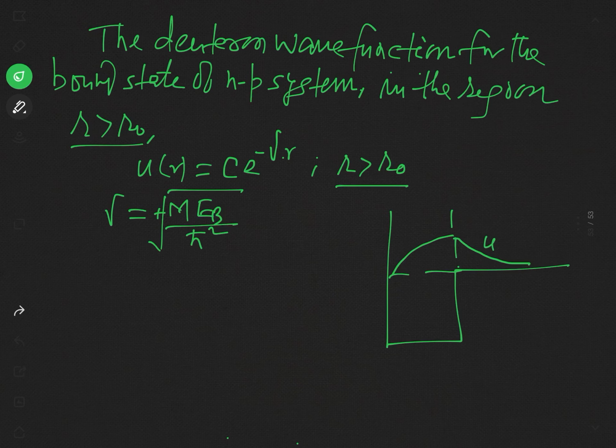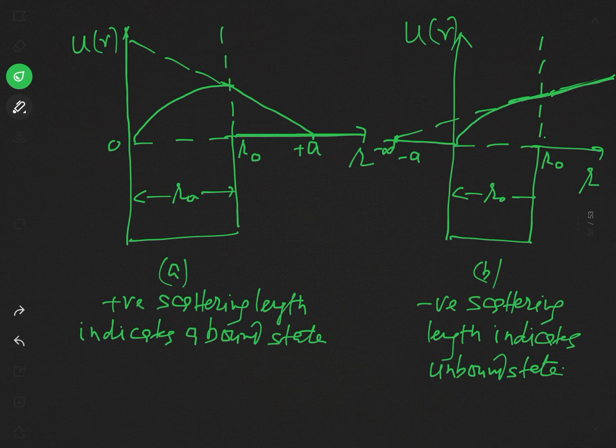This is actually the exponentially decaying part in this case. Here is U of r and here is r naught, and this is inside the well, and inside the well the wave function was in fact sinusoidally varying, and outside of the well or the range of nuclear force it was exponentially decaying.